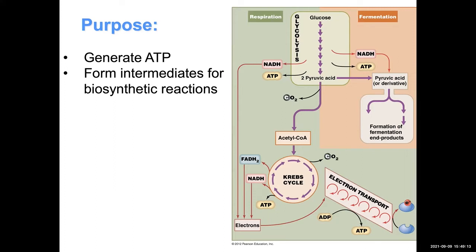This pathway also forms intermediates for other synthetic reactions. This is the whole pathway of cellular respiration. It's a beautiful pathway, and we're going to take it step by step. We're going to begin with glycolysis, and we see what is generated in glycolysis. Then we're going to proceed to the Krebs cycle, and then finally the electron transport chain.